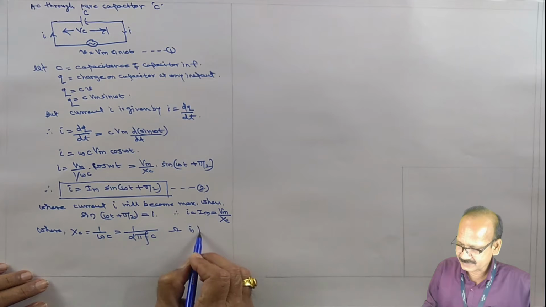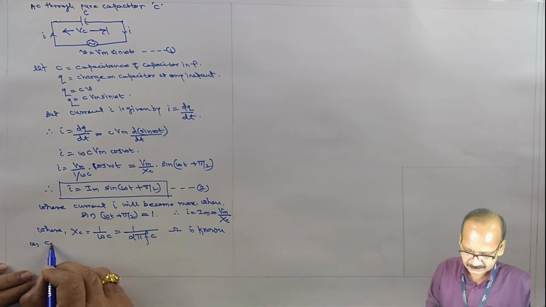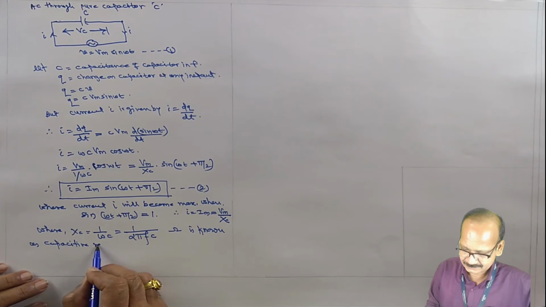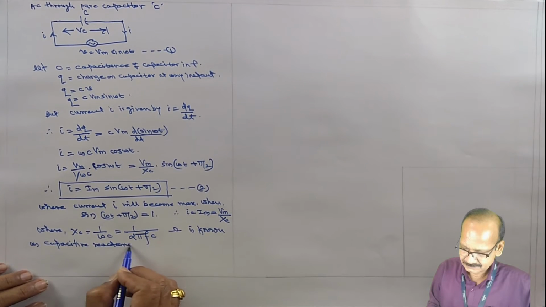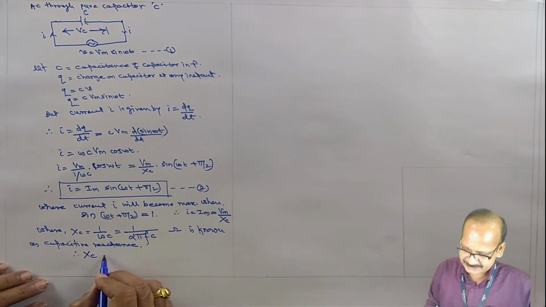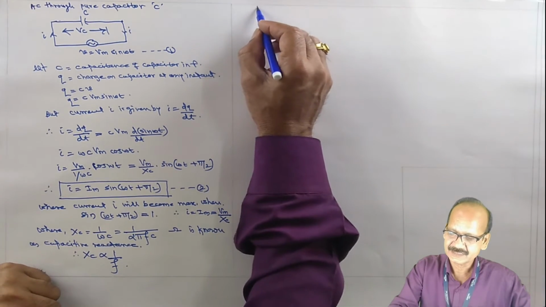The unit is ohm, and it is known as capacitive reactance. So Xc is inversely proportional to frequency.